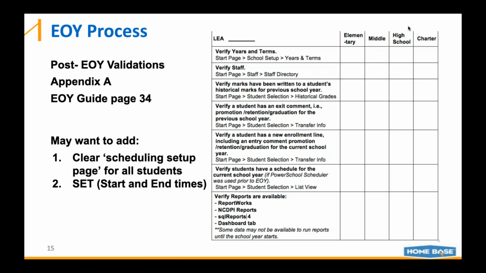Make sure your staff is still in there, and your students have their historical grades and are in the correct grade level. Your graduated students, make sure they've moved over to the graduated student school. And then we do need to update the SQL reports, because now we're in SQL reports 5. So you'll want to verify that all your reports are still there.